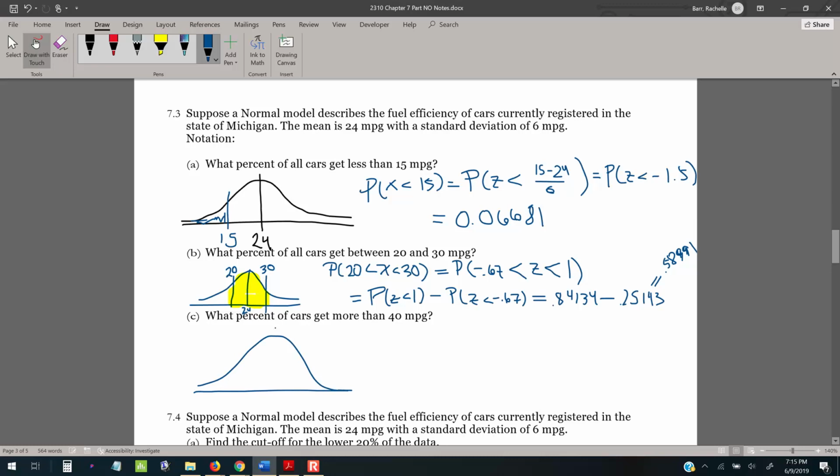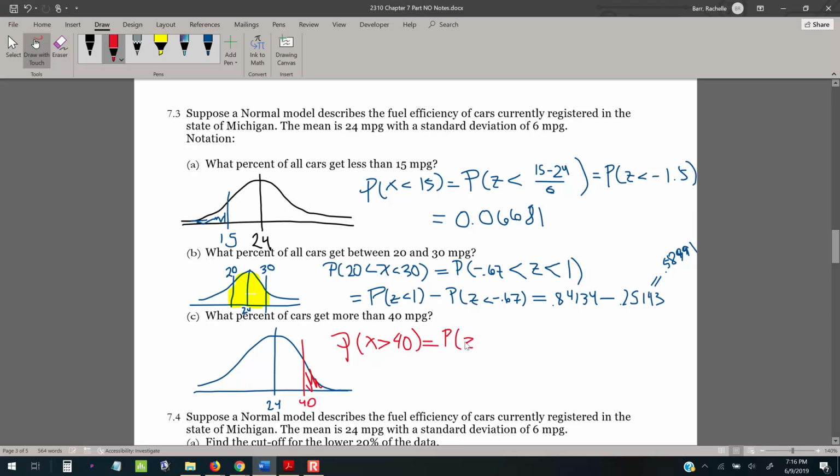Alright, more than 40, so I gotta do a right tail. So here's 24. Been doing right tails in red. 40 is definitely not placed where I'm putting it, because it's definitely further away, but here we go. More than 40 miles per gallon, so you probably have a Prius if that's the case. Woohoo! Prius!